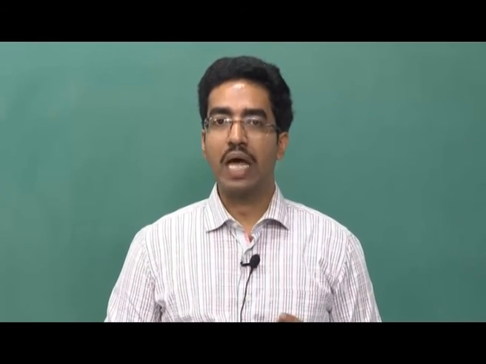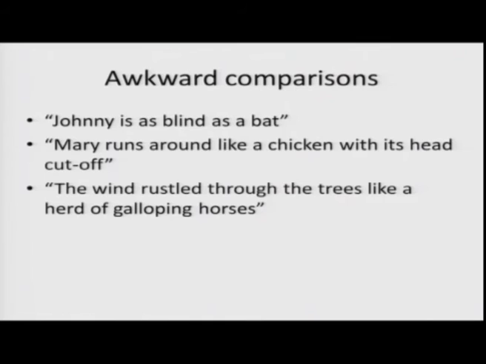Let us look at some examples. Johnny is as blind as a bat. This is definitely inappropriate. One, you are being very insensitive to disability, and you are also not being considerate towards animals, and this comparison does not appeal to people.